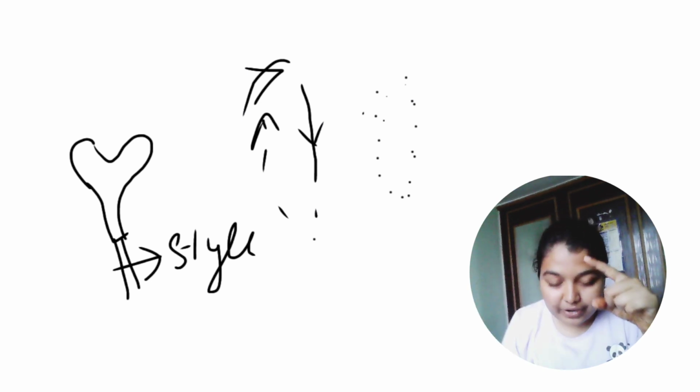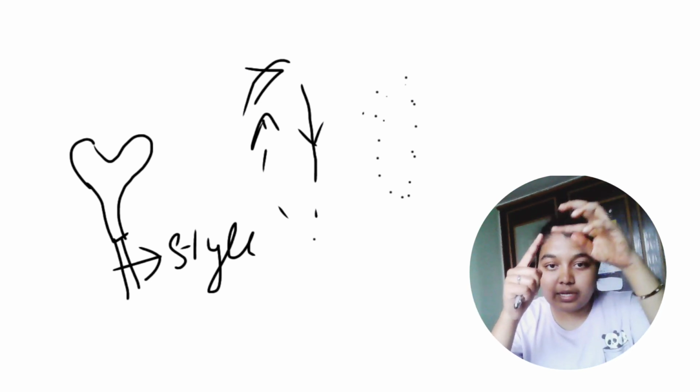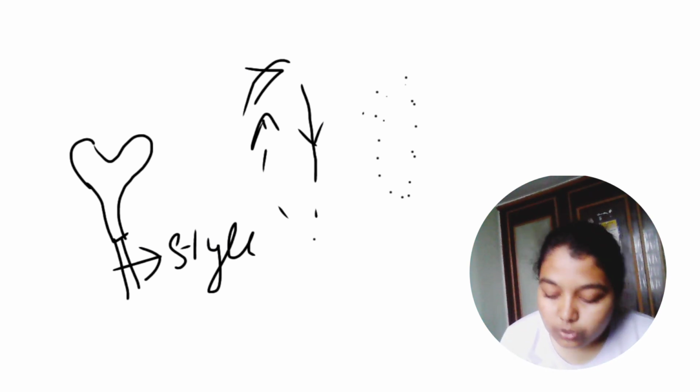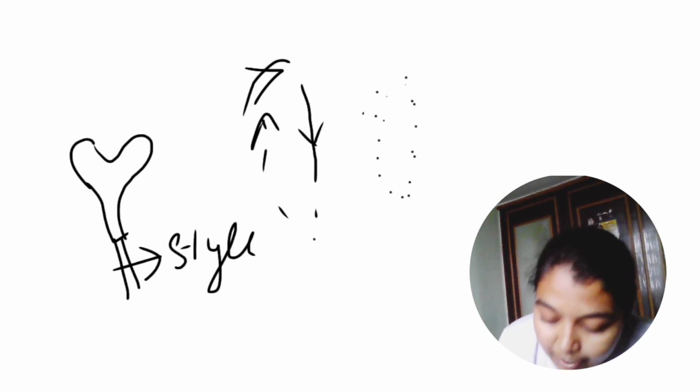The pollen grains are released from the style part, moving like this, everything moving in a circular way. Pollen grains come from the bottom, and when they touch another pollen, they go down like that.